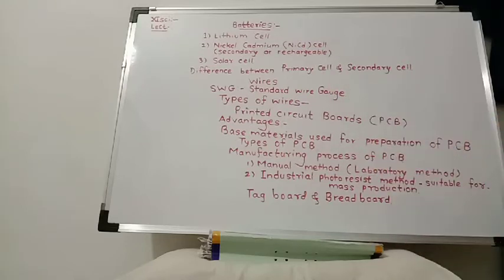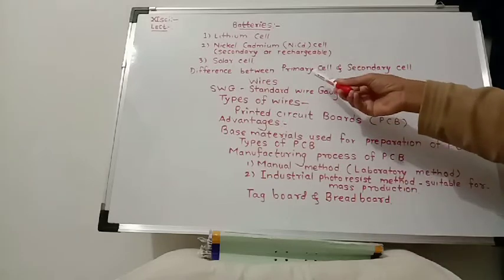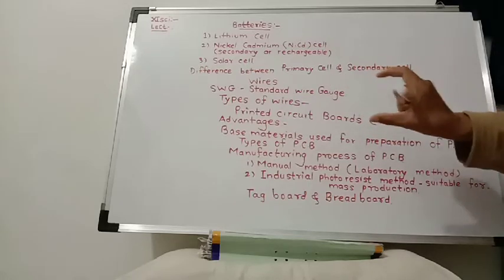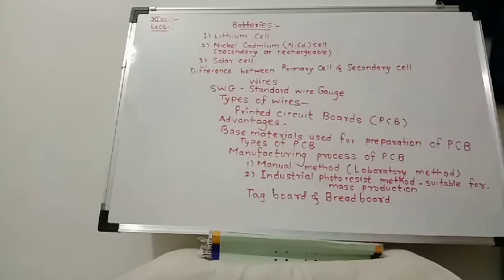Low cost, small size and light in weight. Primary cells are light in weight, म्हणजे हलके असतात, जड नसतात. Secondary cells are expensive and large in size, and these are heavier.